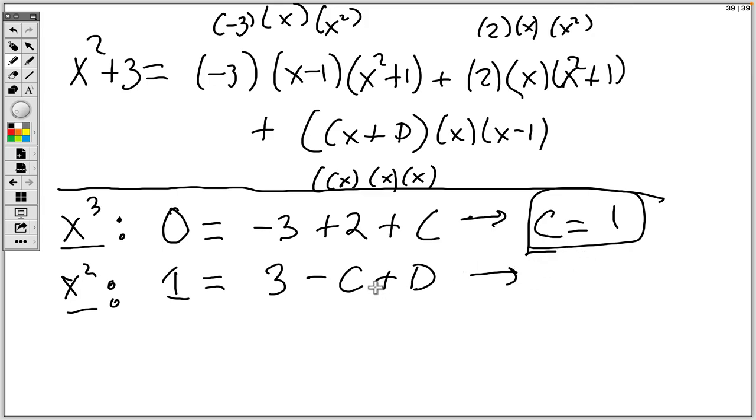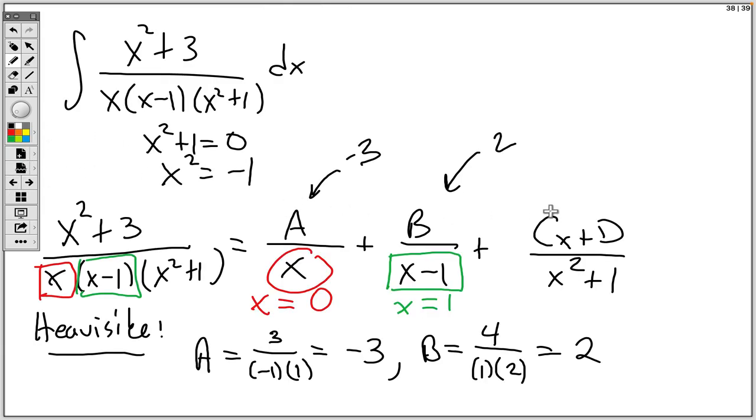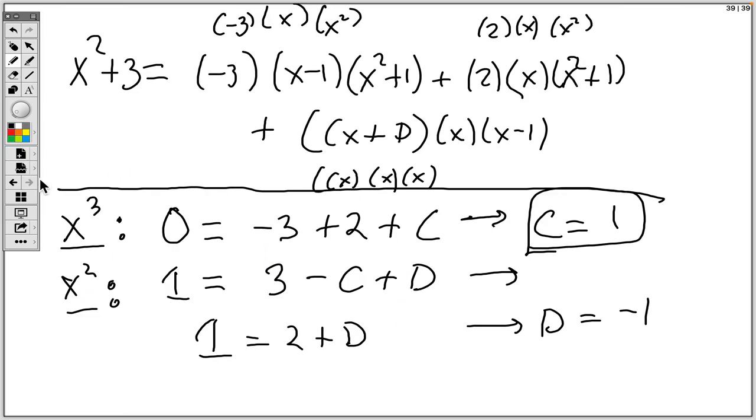So knowing that c is 1, 3 minus 1 is 2, I'd actually get 1 equals 2 plus d. So this would give me that d is minus 1. So c is positive 1, so 1x minus 1 there. And so now we're all set.